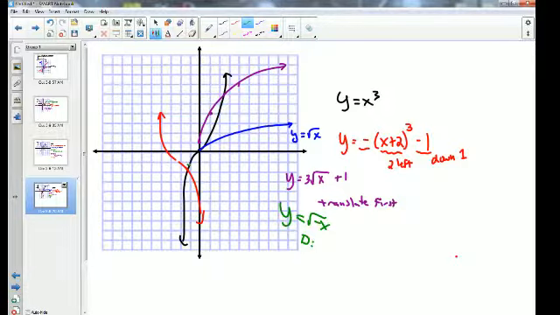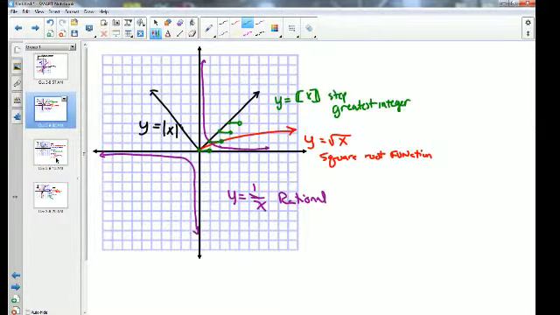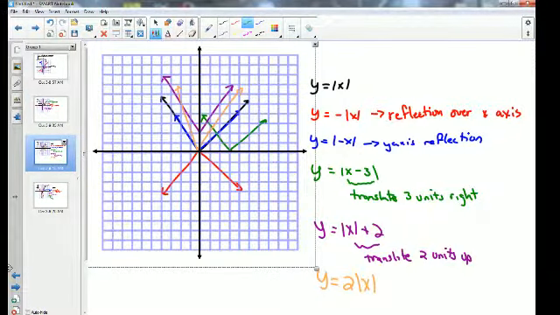Negative 4. You can put a negative in there, what does it make that? Positive. What happens if I put a negative in the parentheses, in the root? Nothing.